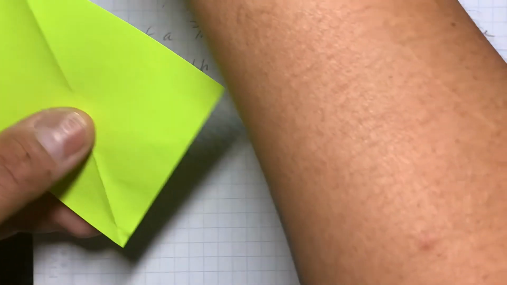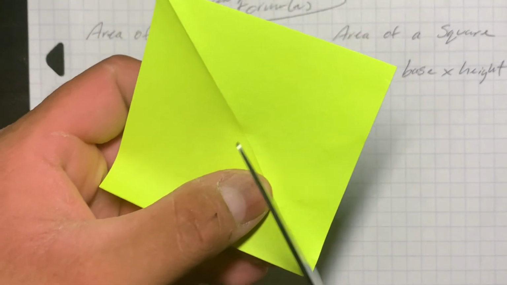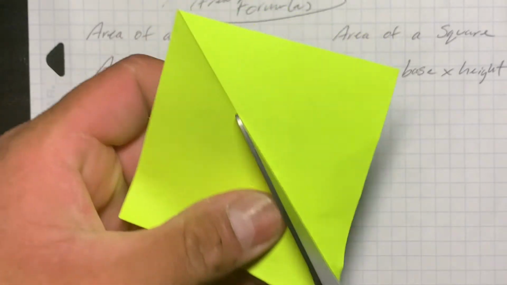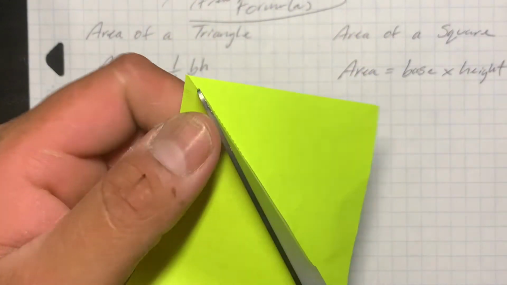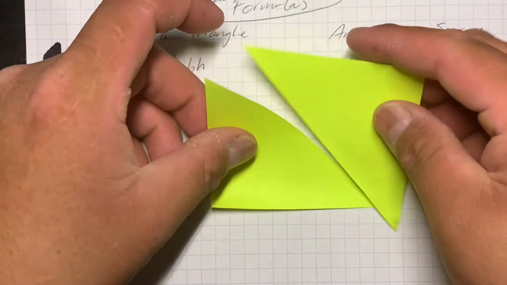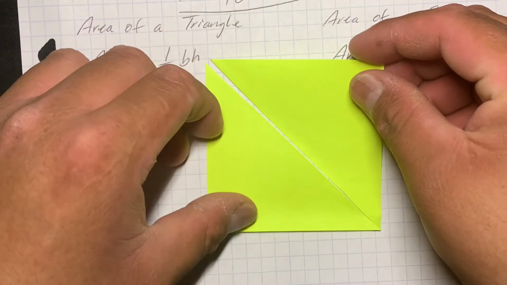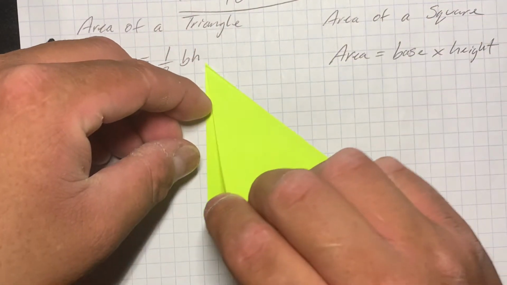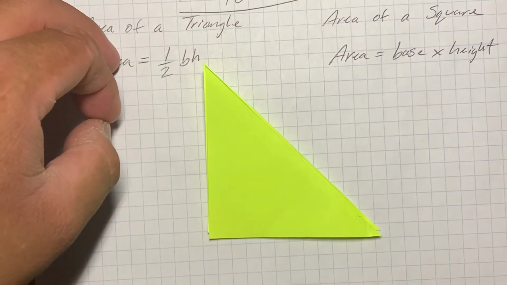well, check this out. Use your common sense, right? So again, half of a square is a triangle.